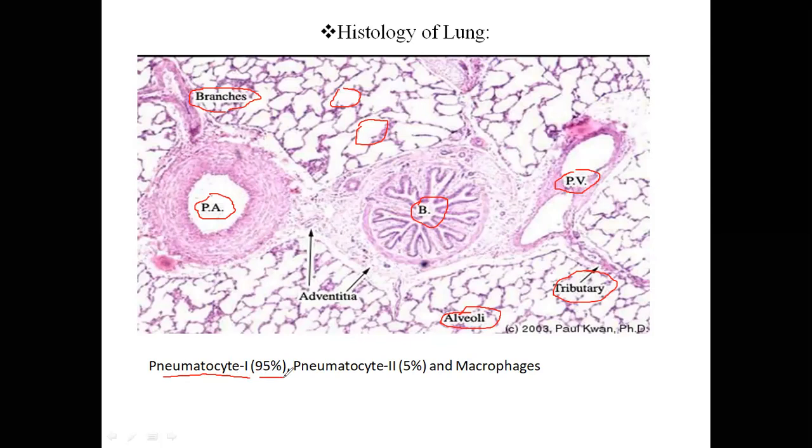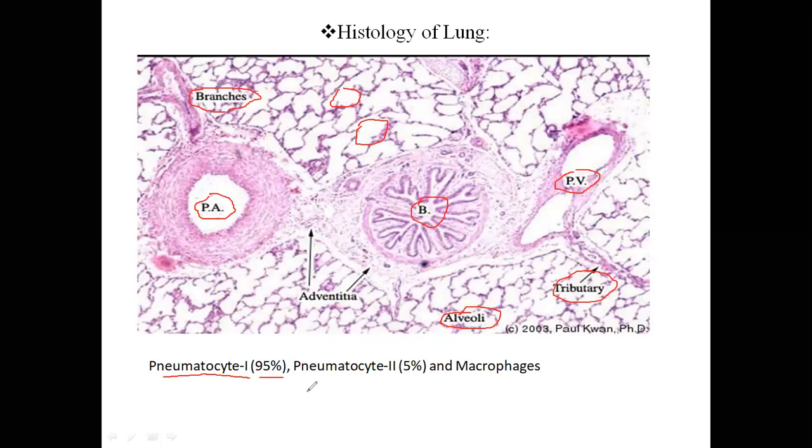So 95% of pneumocyte type 1 are present in the wall of the alveoli. And remember that these pneumocyte type 1 are made from thin, flat, squamous epithelial tissue. It is a type of tissue, squamous epithelial tissue, thin and flat.